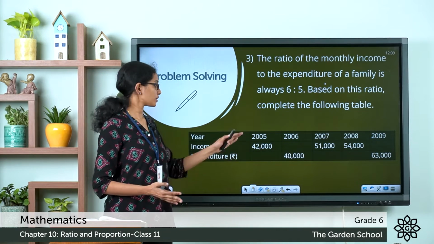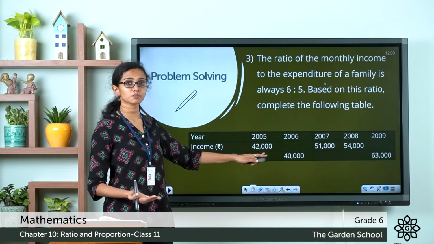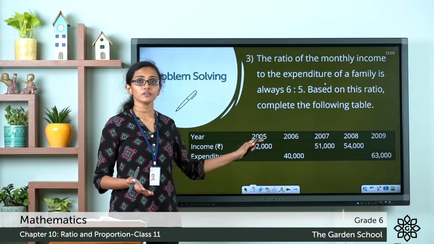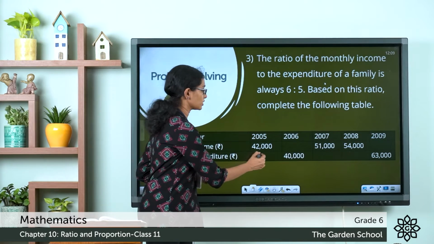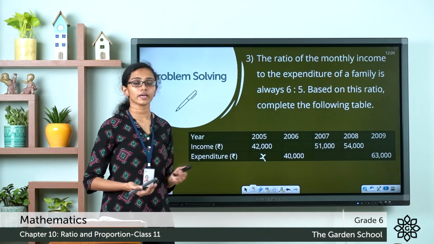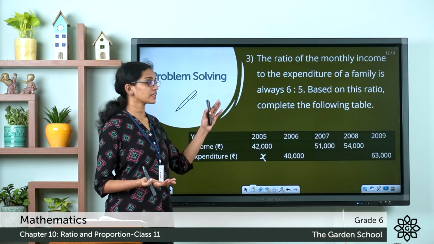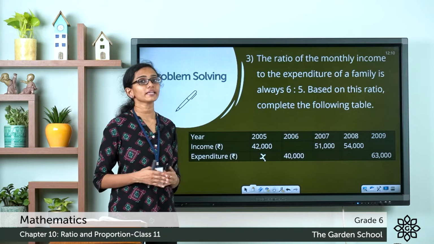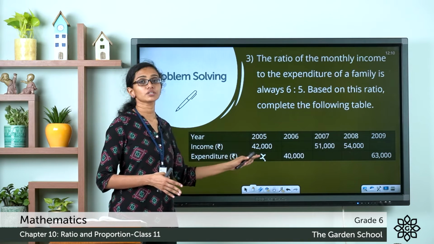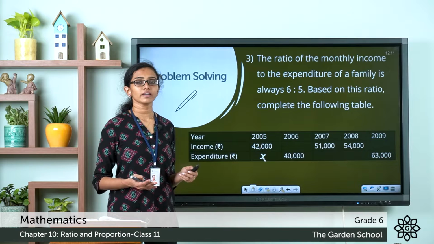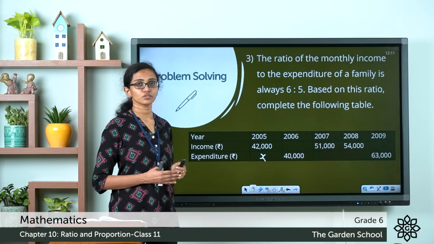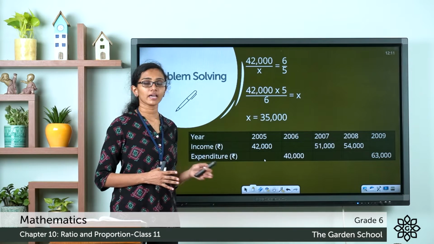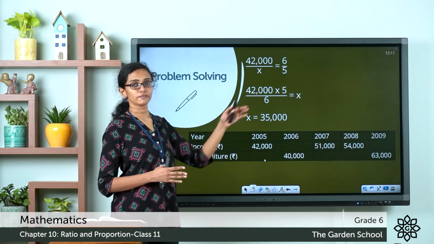So how can we find out the monthly expenditure for the year 2005? See, imagine the monthly expenditure for 2005 is equal to X. We need to find out X. If we follow the ratio of income to expenditure, then 6 is to 5 will be equal to 42,000 is to X. So let's write the fractions corresponding to the ratios and find out X. So 42,000 by X is equal to 6 by 5.